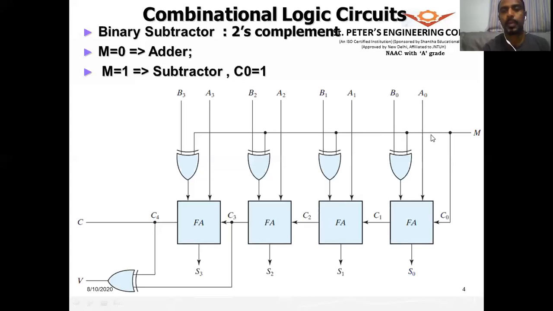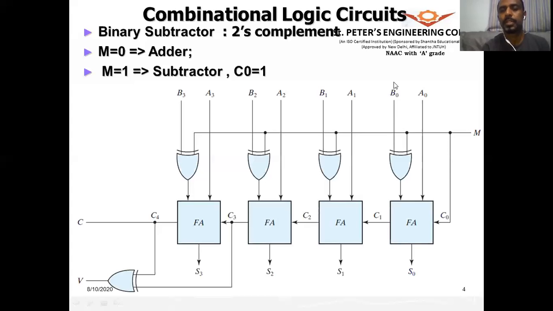All right. So if M is equal to 0, then 0 and B naught. So what does it do? It will take the value of B naught, because whatever is the value, if B naught is 0, then 0 XOR 0 is 0.